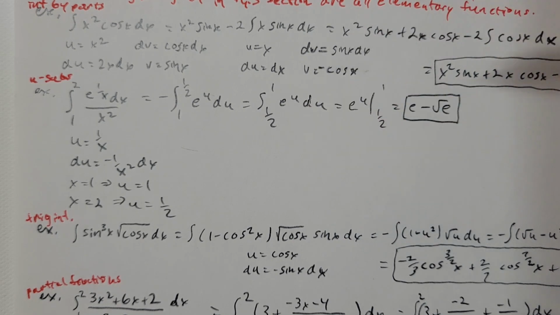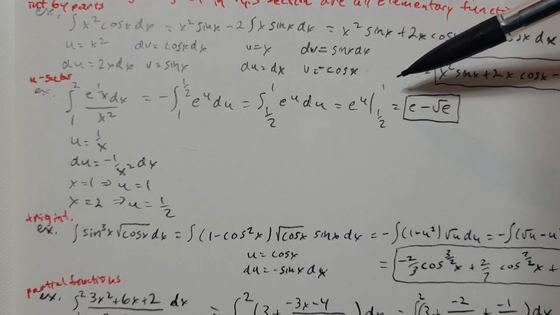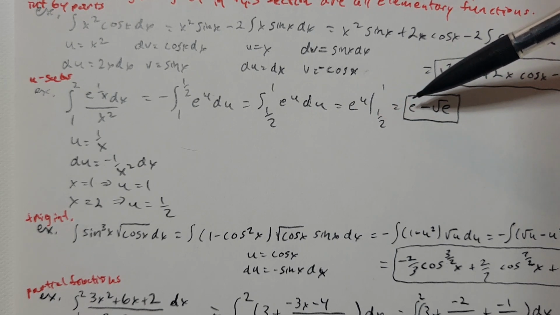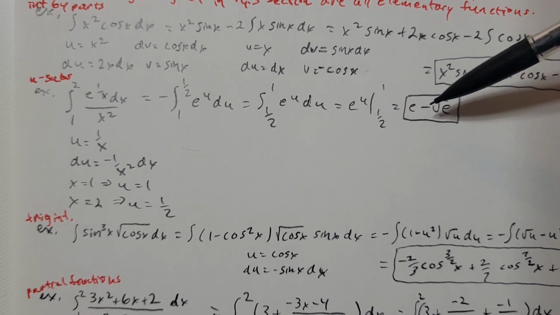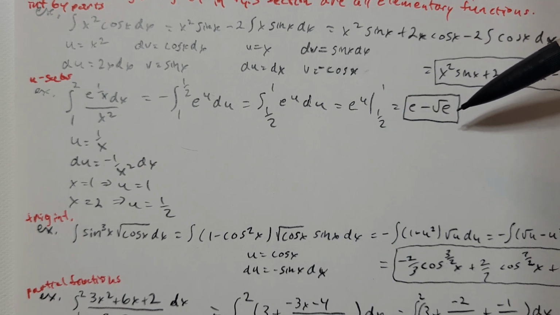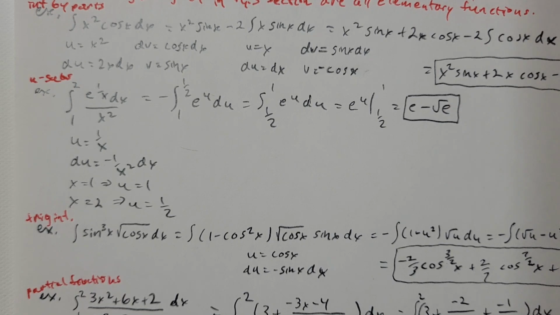And that makes sense. Because now if I find the antiderivative, e to the u, plug in my bounds here, I get e to the first, then minus e to the 1/2, that's the same as the square root of e, so e minus the square root of e, that would be the answer. Okay.